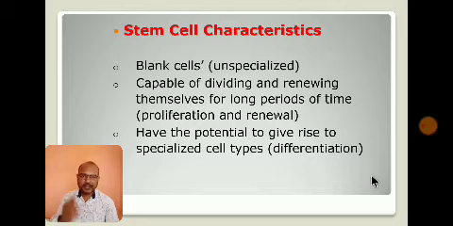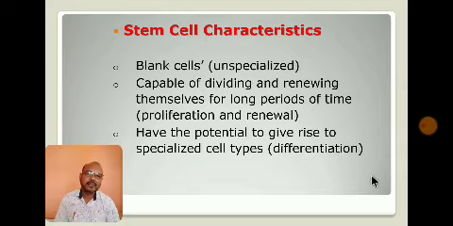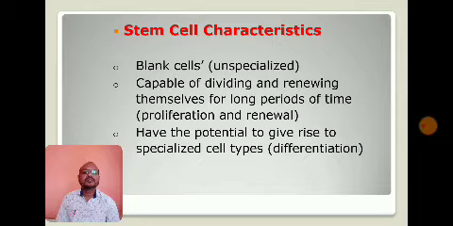Now the stem cell characteristics. Stem cells are blank cells, that is, unspecialized, capable of dividing and renewing themselves for long periods of time, the proliferation and renewal. They have the potential to give rise to specialized cell types, that is the differentiation.